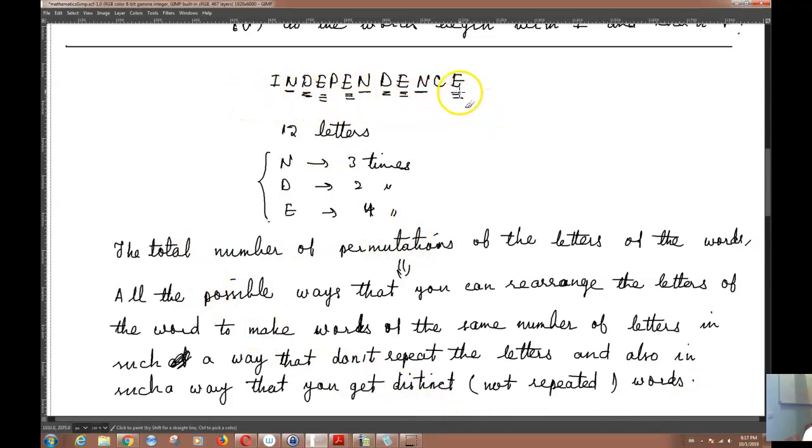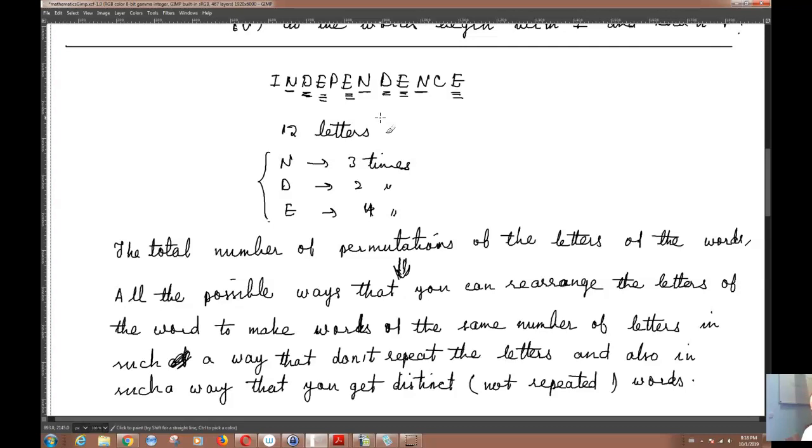Now you can think of the letters of the word as different objects that you might have, right? And so if I said the total number of permutations of the letters of the word, you could think of that as the total number of permutations of n distinct objects, right? Now, of course, in a word the objects might not be distinct. That's possible, but we are assuming that the objects are distinct. And so when I say the total number of permutations of the letters of the word, what that means is all the possible ways that you can rearrange the letters of the word to make words of the same number of letters.